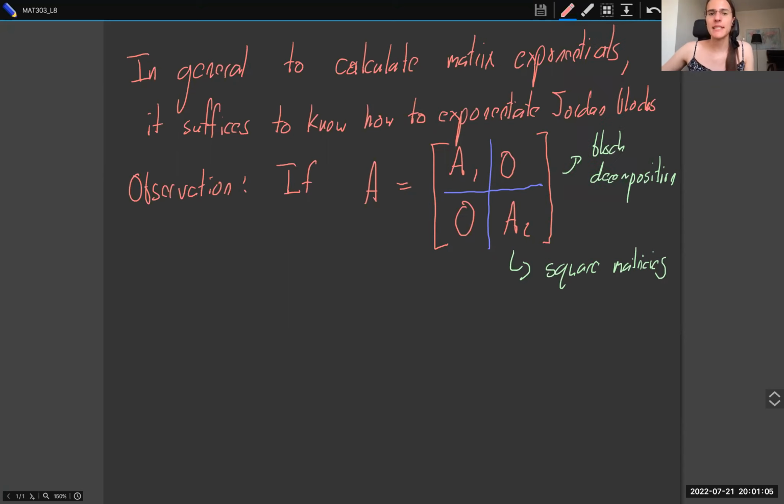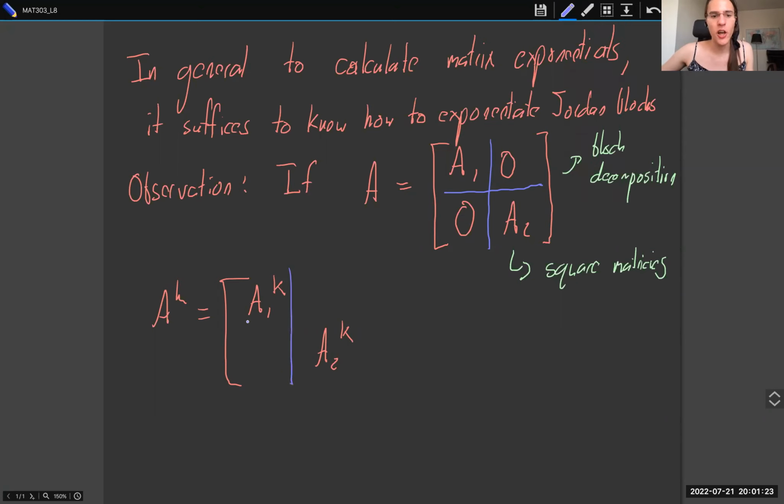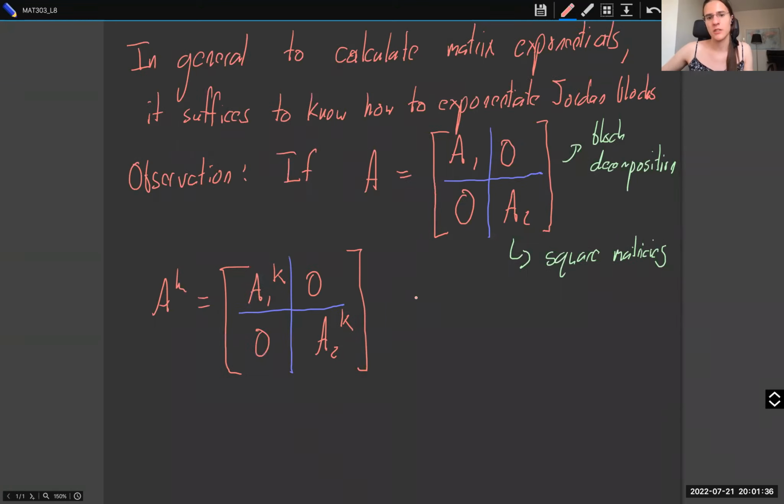Well, what happens basically is that if you take A to the power of k, that's the same as A1 to the power of k, and A2 to the power of k. So as far as products of the matrix with itself are concerned, blocks do not interact. So blocks are non-interacting. So if your matrix consists of Jordan blocks, then you can calculate the exponential in each block individually.